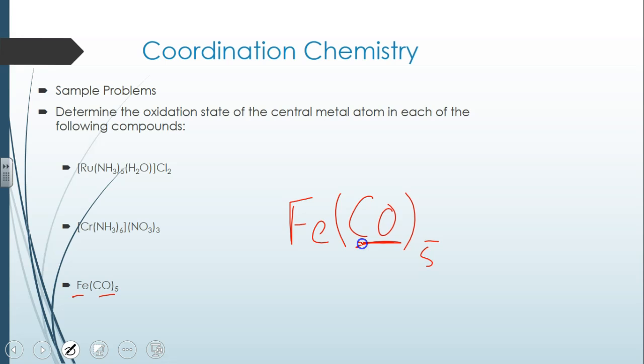But we call it carbonyl when it's part of a complex ion or a coordination compound. Carbon monoxide doesn't have a charge; it has a charge of 0. So it doesn't matter how many of them we have. If this has a 0 charge, then this must be iron with a 0 charge.